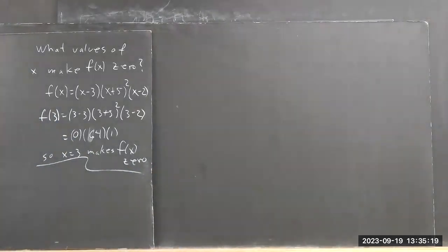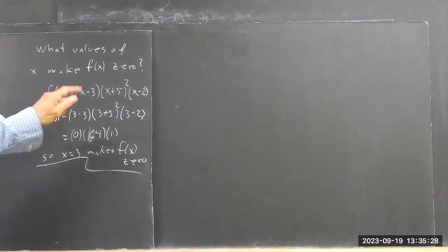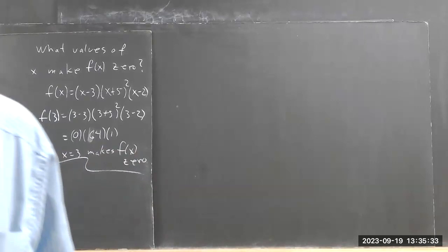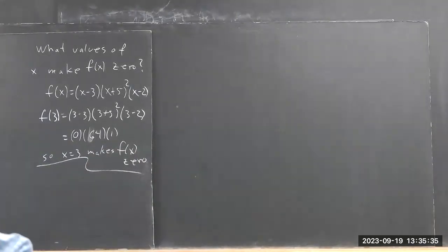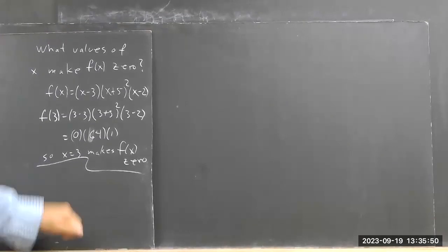Okay. Another vote was for x equals 2. Well, if you plug in x equals 2, you're going to get 2 minus 2 here. This is multiplied by this is multiplied by this. You multiply by 0 once, you're done. It's 0, right? Okay, yeah. Can you show me another number that would make this 0? Yeah, -5.